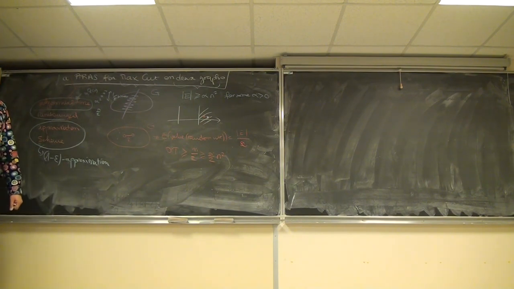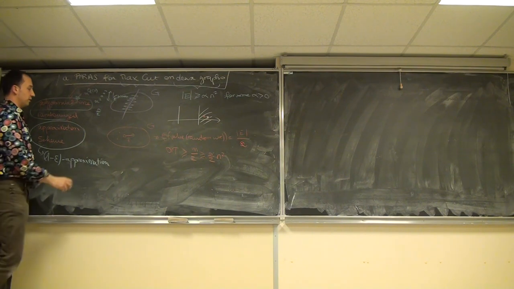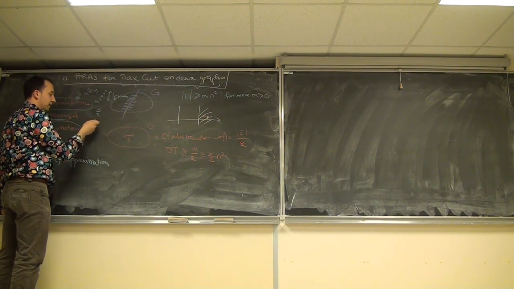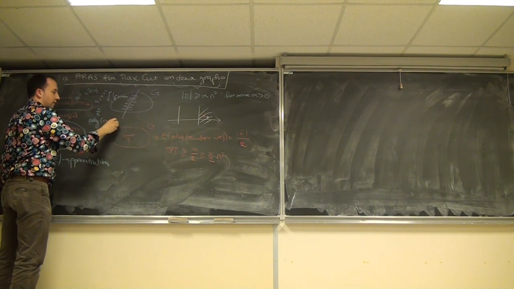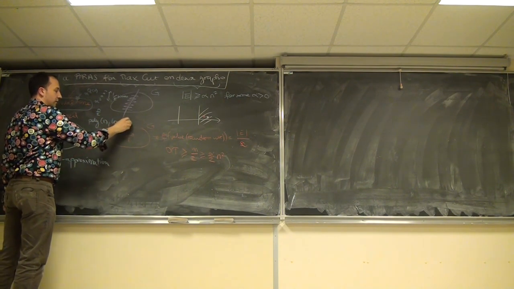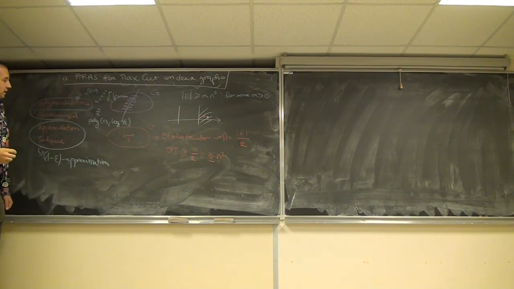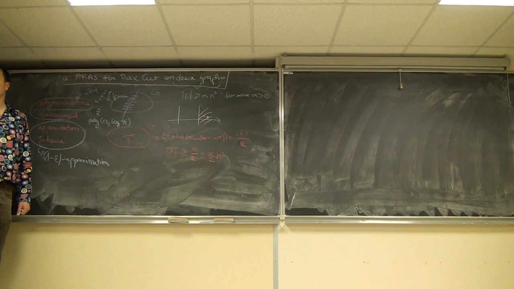And in that case, if you can write the complexity as something like a polynomial in n and the log of 1 over epsilon, then you have what is called a fully polynomial time approximation scheme.